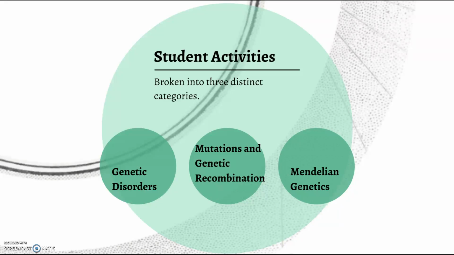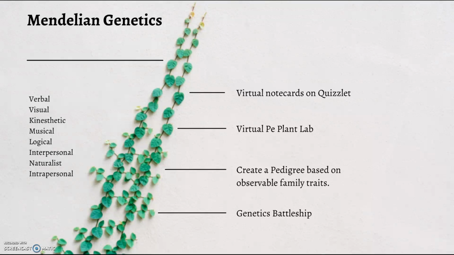In this unit, student activities are broken into 3 distinct categories: Mendelian genetics, mutations and genetic recombination, and genetic disorders. Under the Mendelian genetics category, students will create virtual flashcards using Quizlet, watch and discuss a video on Mendelian genetics, and complete a virtual pea plant lab that replicates Mendel's work with pea plants.